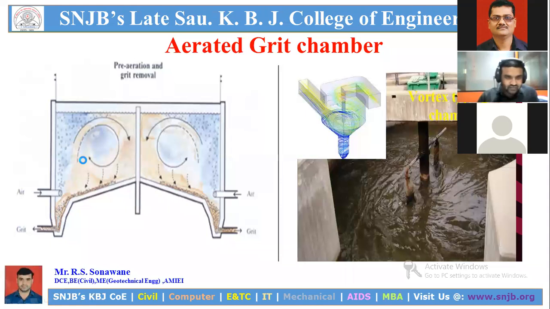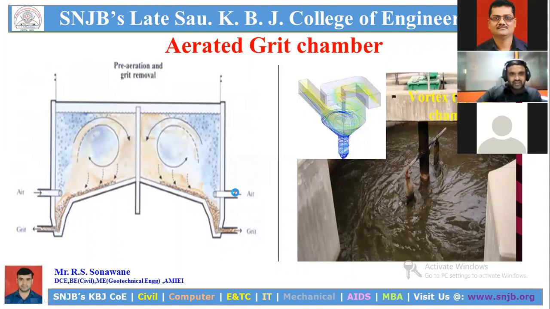And if the rotation is going on in this particular chamber, the grit is deposited or settled down in this manner. You can see here. So I already mentioned that the grit settles in this manner. Sometimes the grit chamber is provided with air blowing into the water, and due to the blowing, the ingredients present in the sewage can be separated and easily settled down by the rotating action as well as the blowing of air.